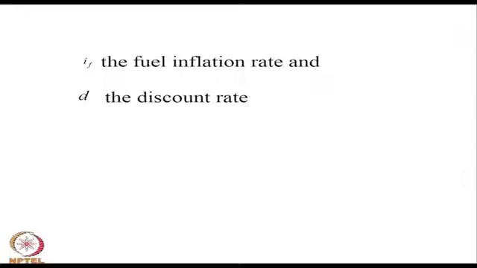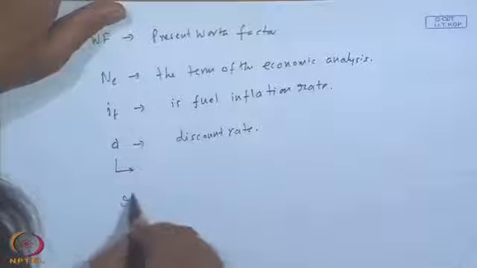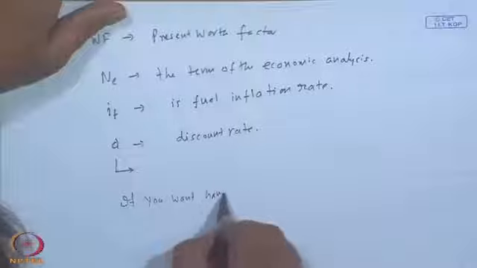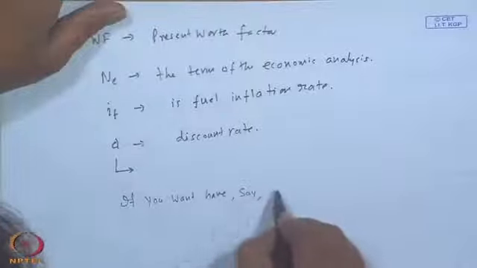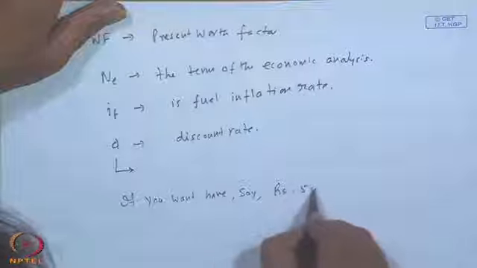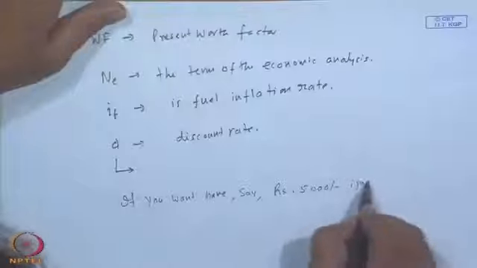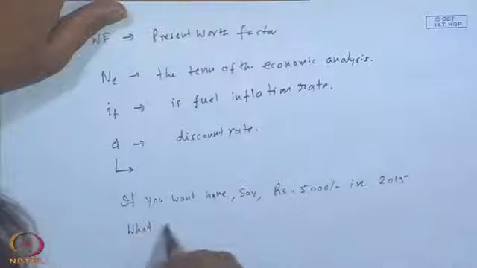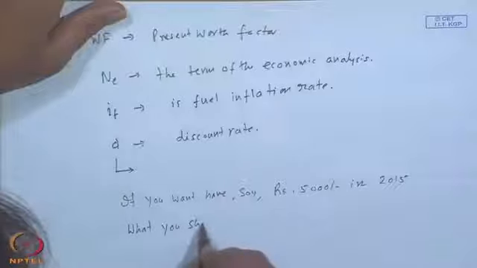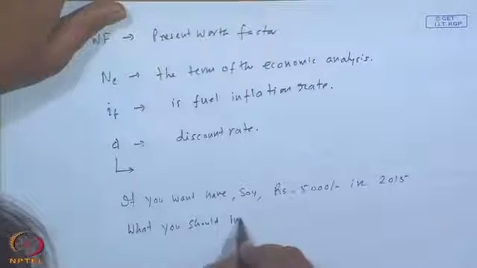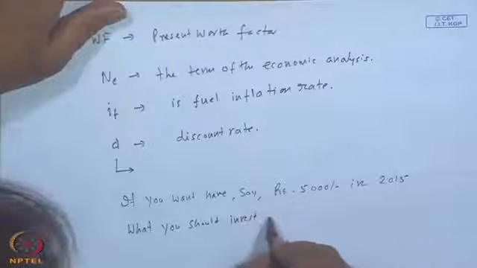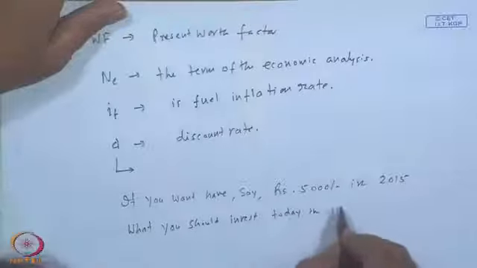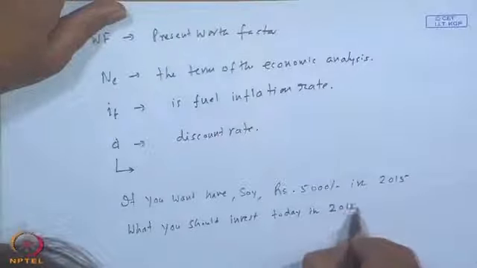This discount rate D is if you want to have, say, Rs 5,000 in 2015, what you should invest in a bank or anywhere today, in let us say 2012.